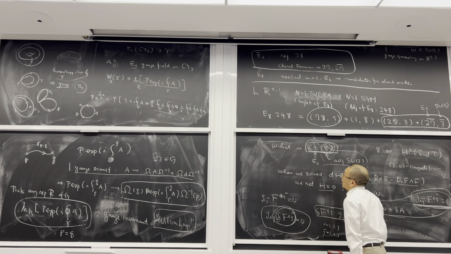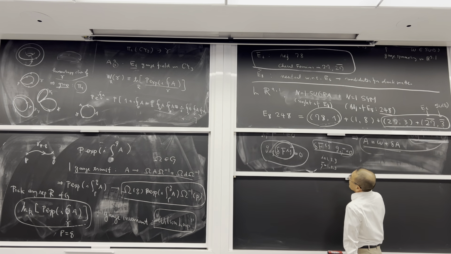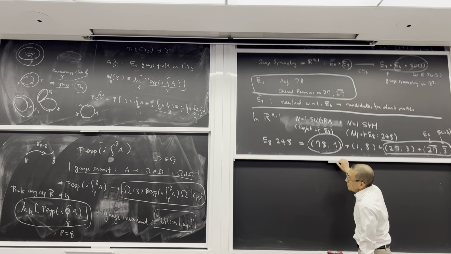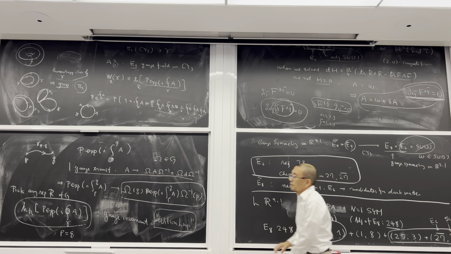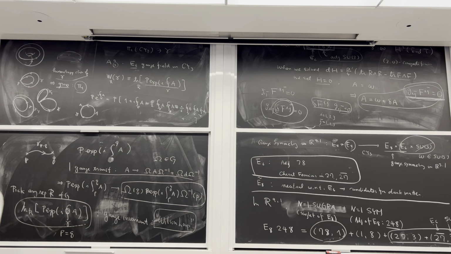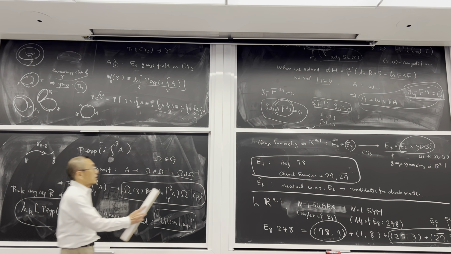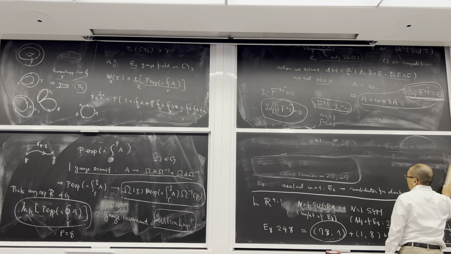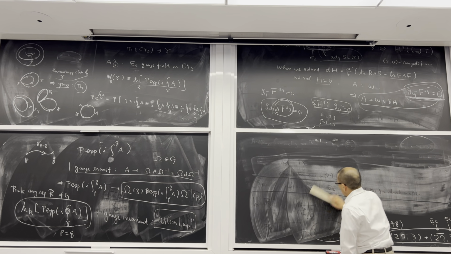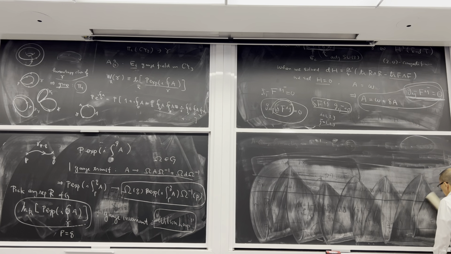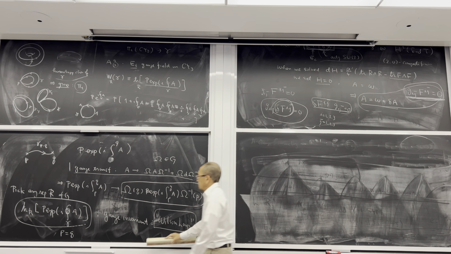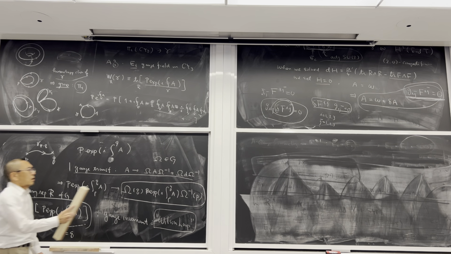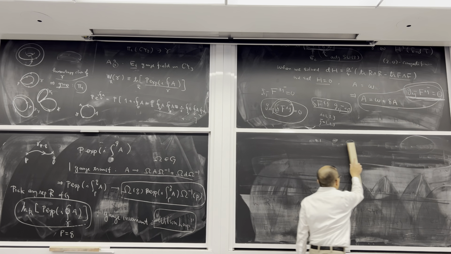So having this Wilson loop potentially is a way to break the gauge symmetry further, and so this is one of the scenarios that is being considered to realize the standard model of particle physics.